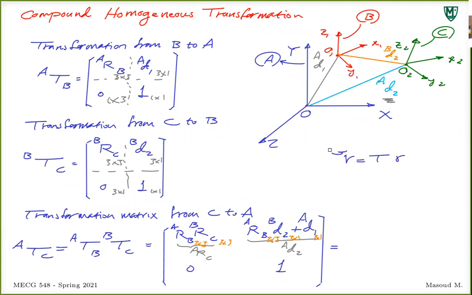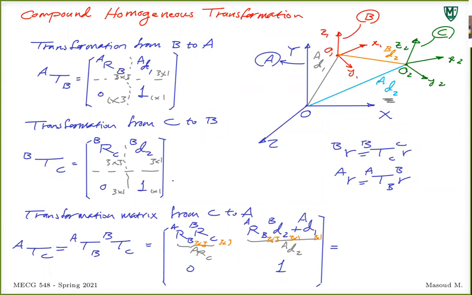You can say R in B is equal to T R in C, and then once you have R in B, you can say R in A is equal to T R in B. You can do this multiple times, and as long as you know the transformation matrix from C to B and from B to A, you can take the point at C and get to the coordinate in the global coordinate frame, or frame A in this case.